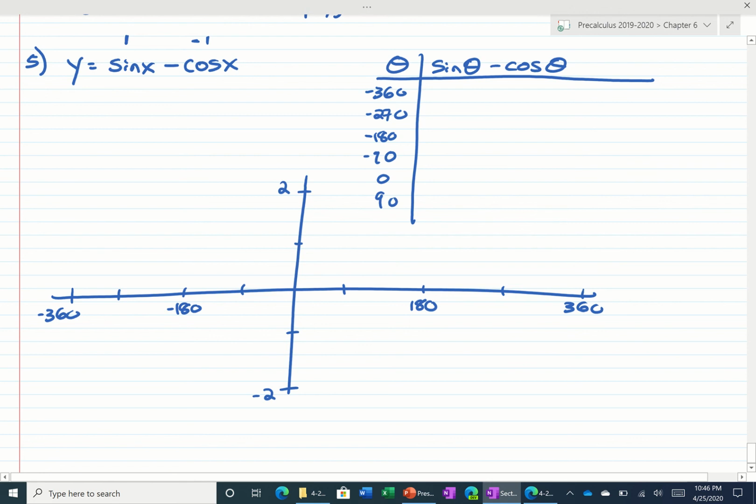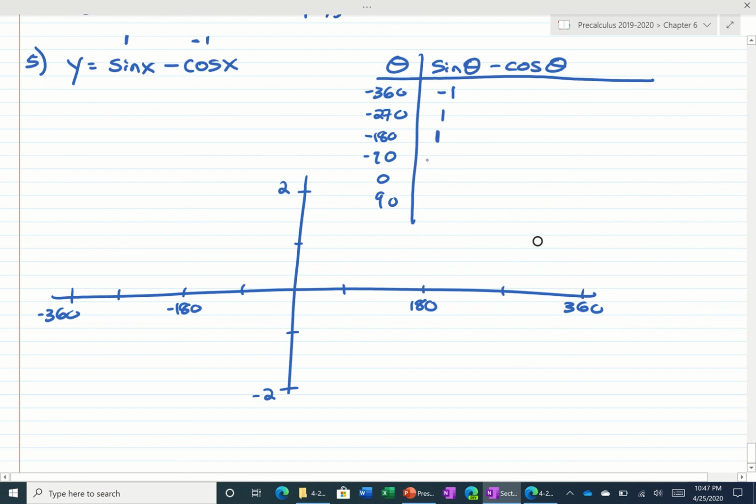All right, so let's see here. I'm going to type in sine of A minus cosine of A, and I'm going to let negative 360 be my A value. I'm getting negative 1. Add negative 270, store it. I'm getting 1. Add negative 180, store it. I'm getting 1. Add negative 90, store it.